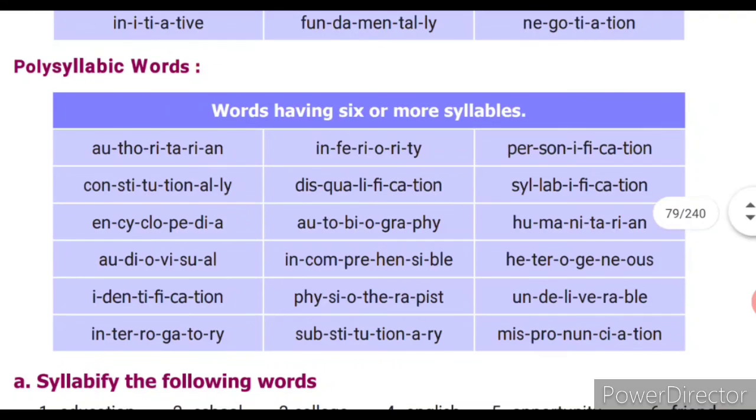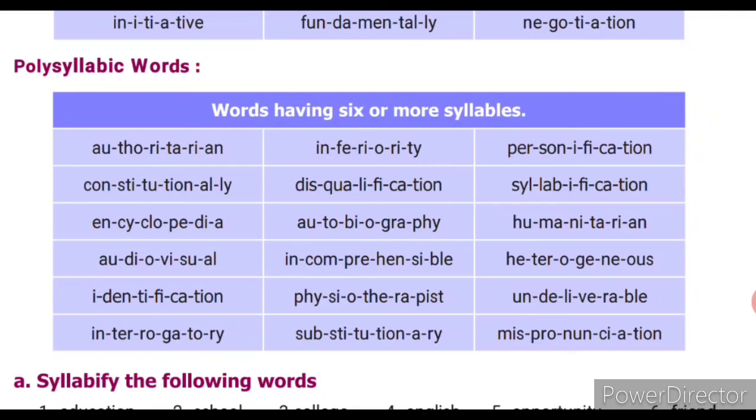Personification. Actually, in person, the I sound. Personification. Constitutionally. Disqualification. Syllabification. Encyclopedia. Pedia, okay, the ya sound, the a sound. Autobiography. Humanitarian. Audio visual. Incomprehensible.